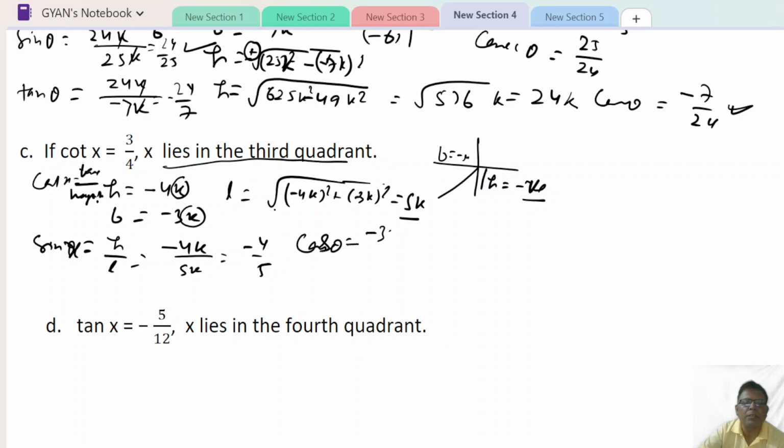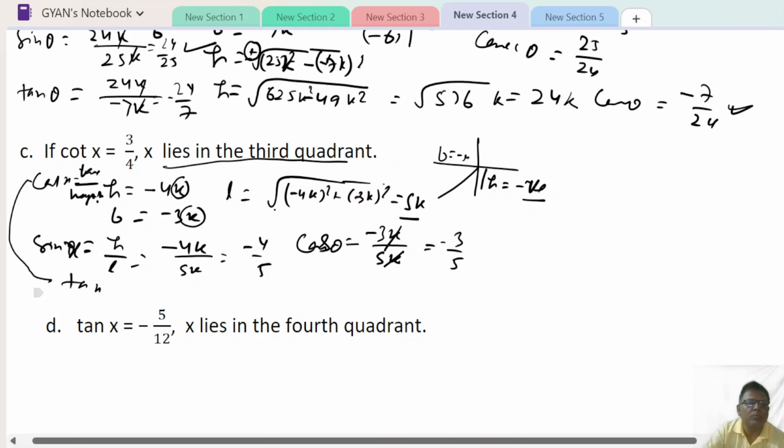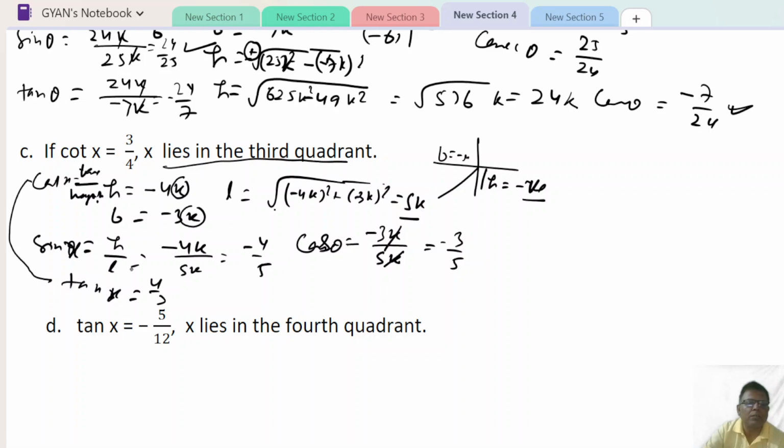Base is minus 3k and hypotenuse is 5k, so minus 3 by 5. Now take reciprocals. Tan theta is equal to 4 by 3. Cosec is equal to minus 5 by 4. Then sec is equal to minus 5 by 3.